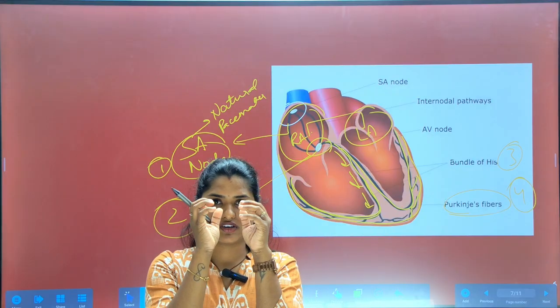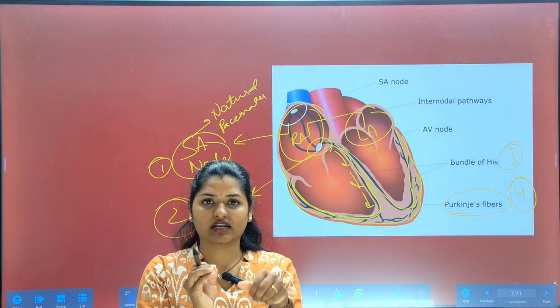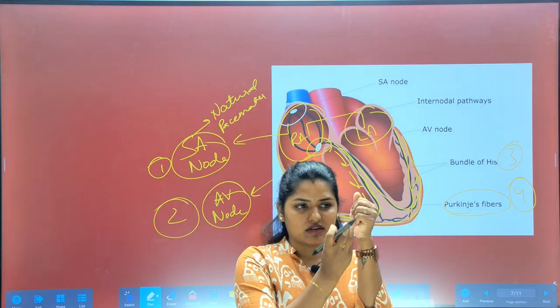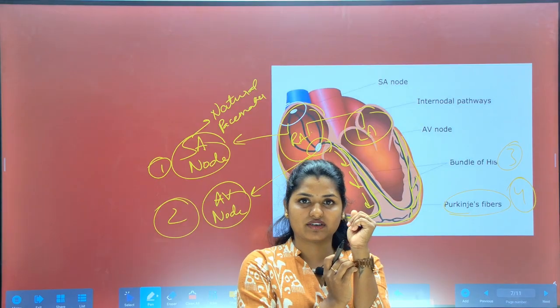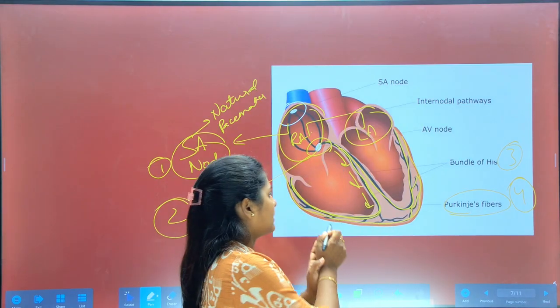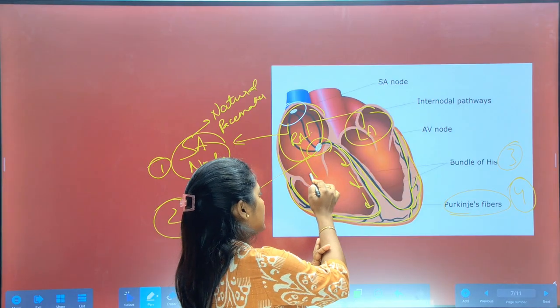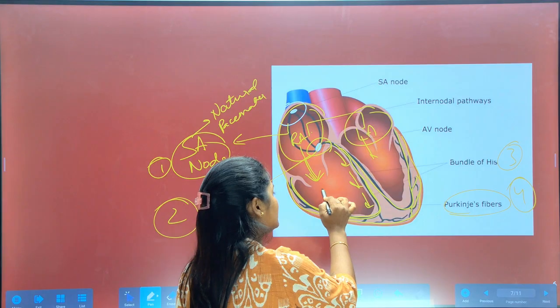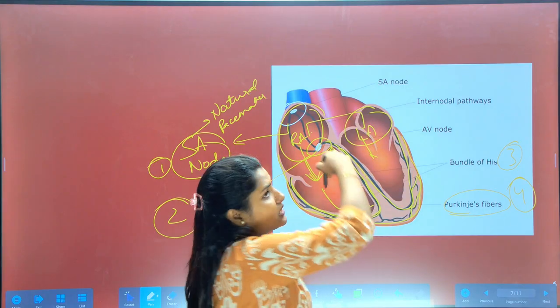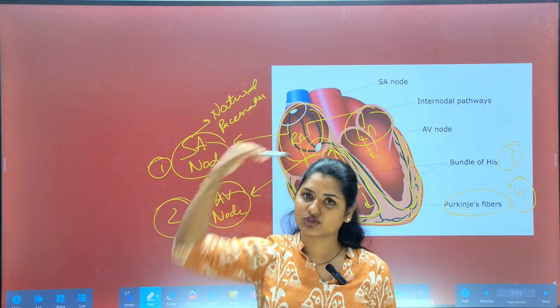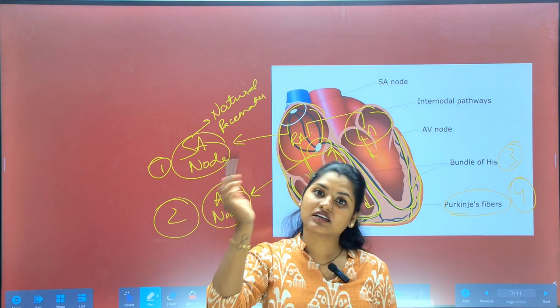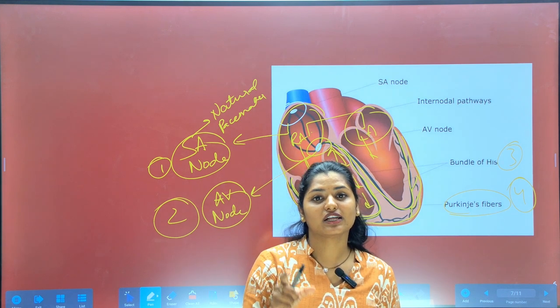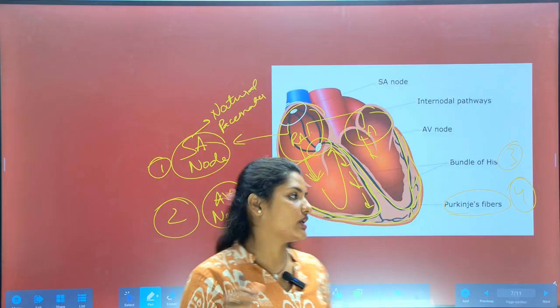When the atria contract, with the help of the tricuspid and bicuspid valves, blood flows to the right and left ventricles at the same time. When blood flows to the right ventricle, it passes blood to the pulmonary artery and goes to the lungs, and again blood comes to the left atrium with the help of the pulmonary veins.